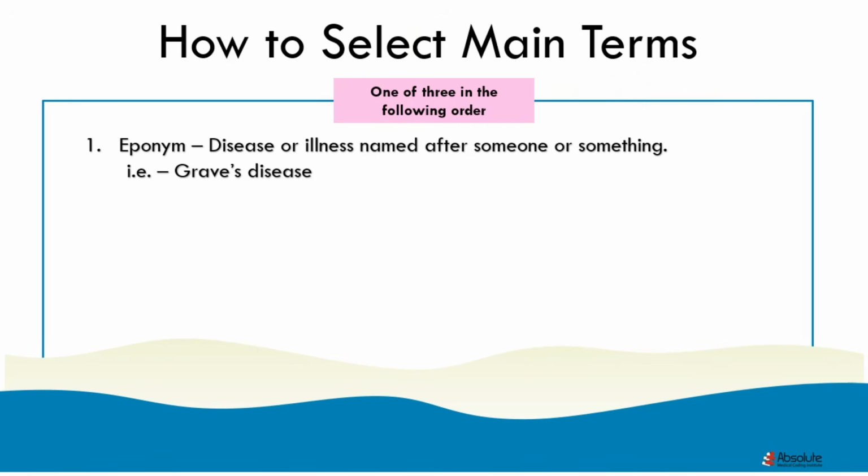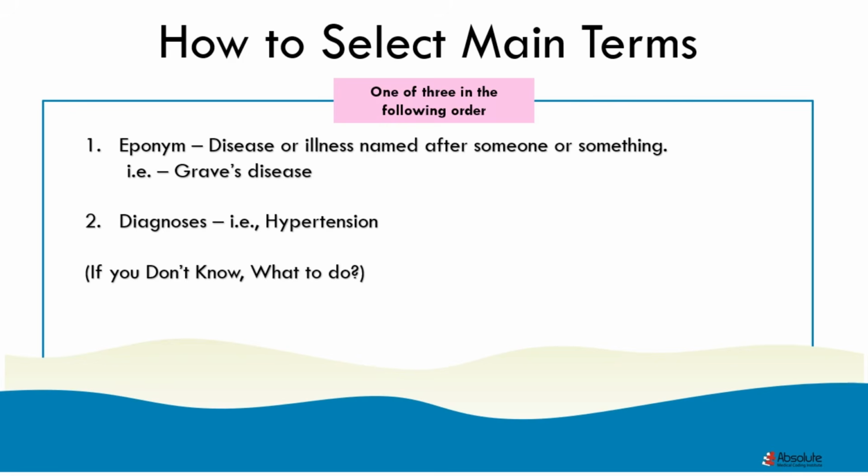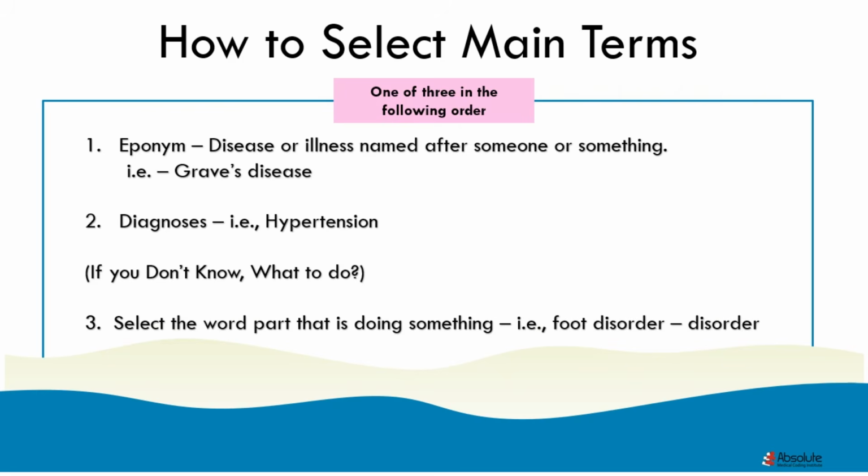All right, so if it's not an eponym, the second way to identify the main term is a diagnosis. So if there is a diagnosis in the term, that diagnosis is your main term. And finally, if you don't know what to do or you can't tell what is the main term, select the word part that is doing something.